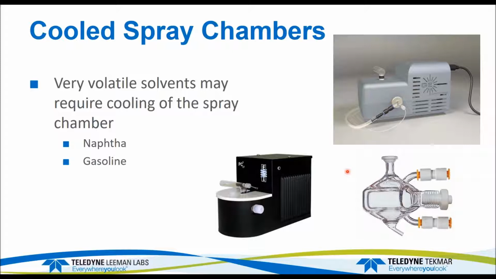Sort of the disadvantage is it takes longer to get it down to temperature, and then if you have humidity in the lab, you get a lot of condensation on the lines and things. For me, the thermoelectric ones are the way to go, much faster. And some of these thermoelectric ones, if you have them and you have aqueous samples, you can actually raise the temperature a little bit, and that can help improve detection limits in some applications. So the cool spray chambers find a lot of use in this type of analysis. Okay.